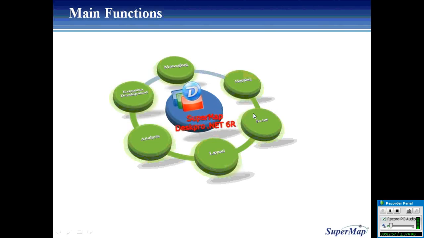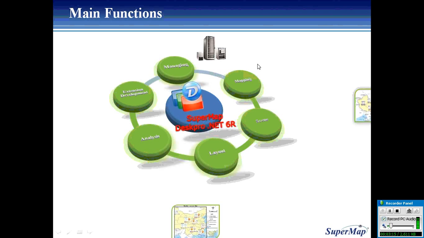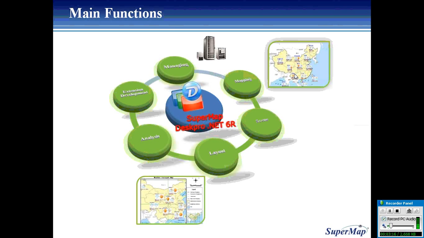What are the main functions in this product? Let's take a look at them together. With SuperMap Desktop.NET 6R, you can manage your visual data and property data together in this product. And after you have prepared all the data, you can make many beautiful maps like this.